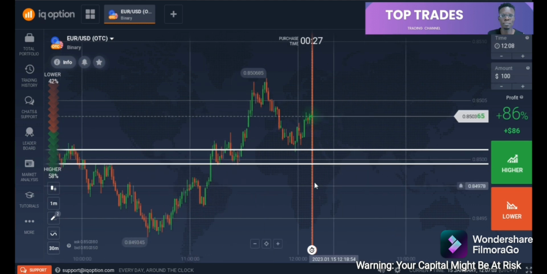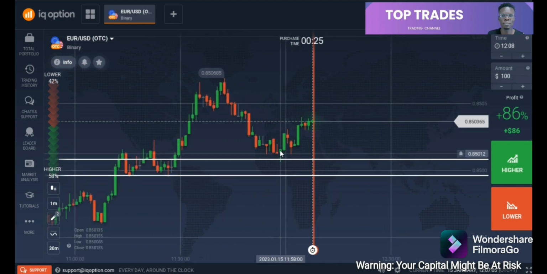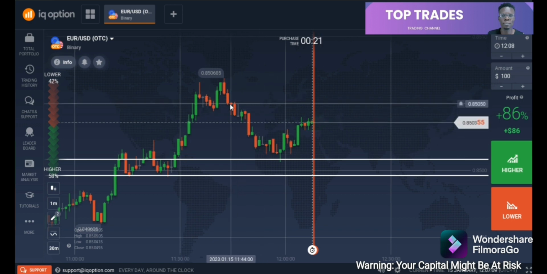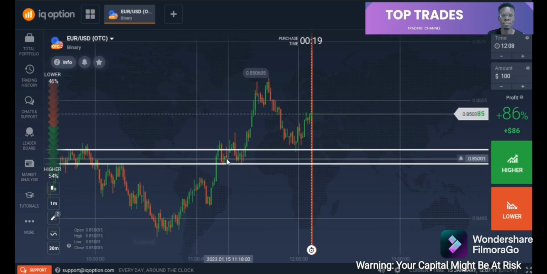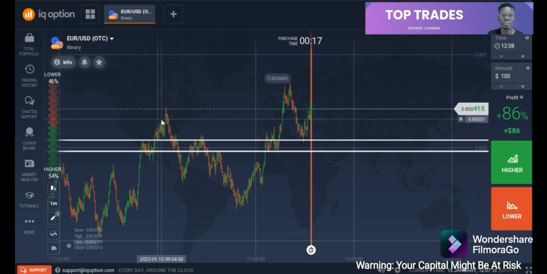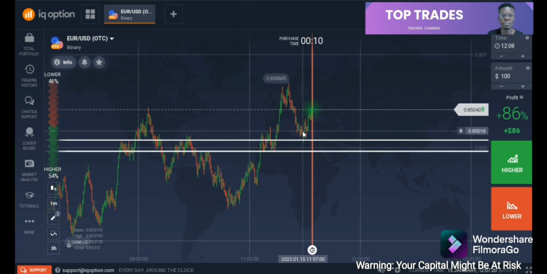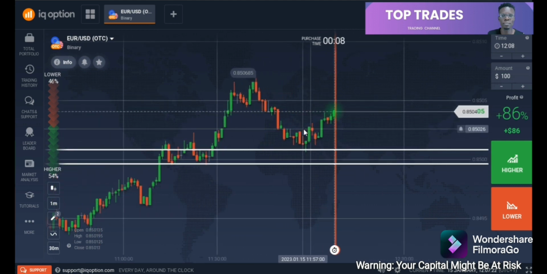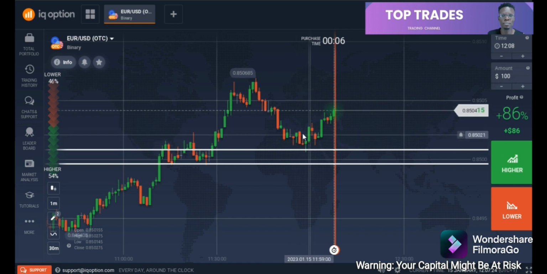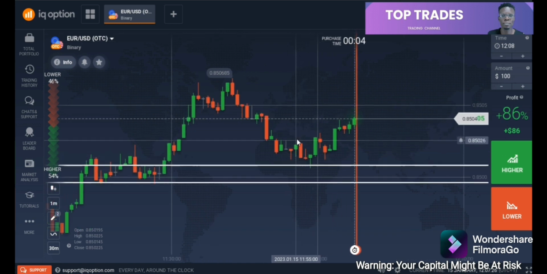So you have to wait for the market to get weak when you are following the retracement, because this is a run. For instance, this is a retracement, this is a retracement, this is a run, and it's going to retrace. When it is retracing, you should always wait for weaknesses in the market, like you have here.